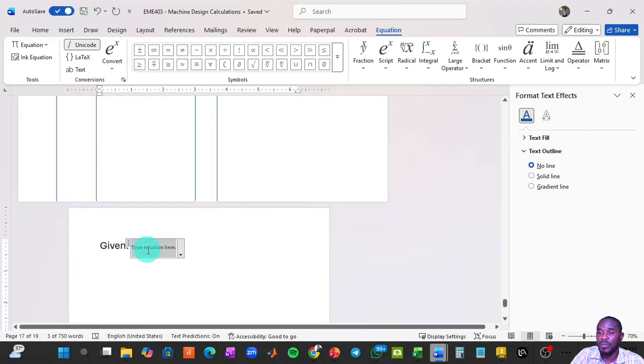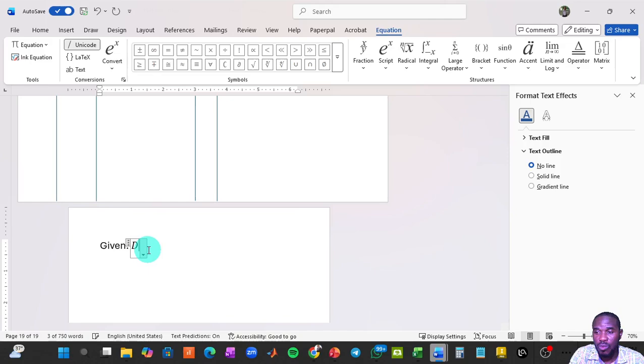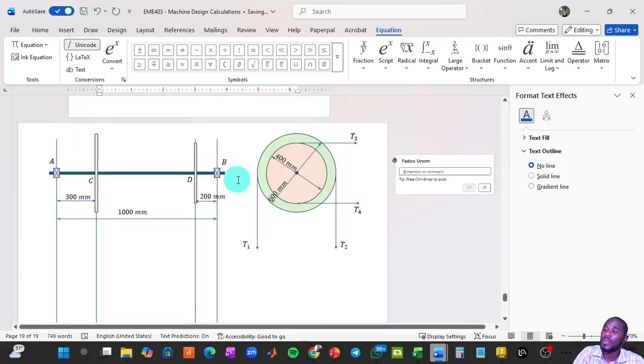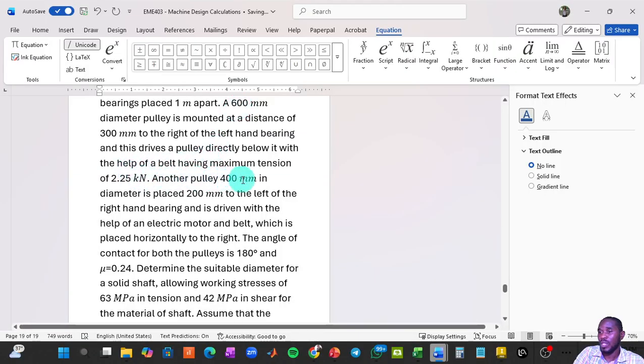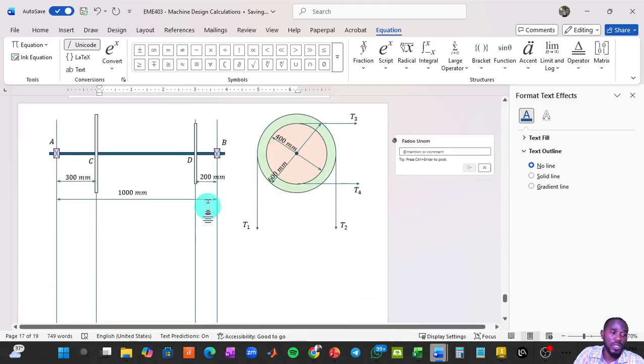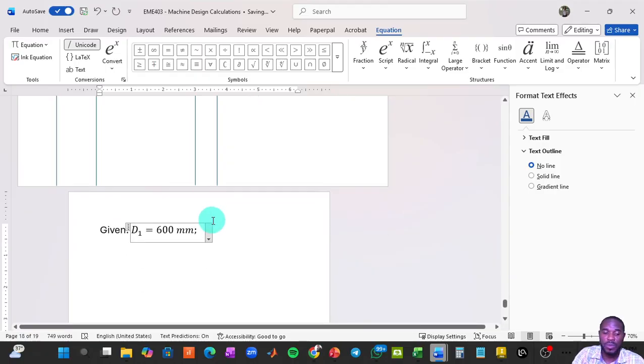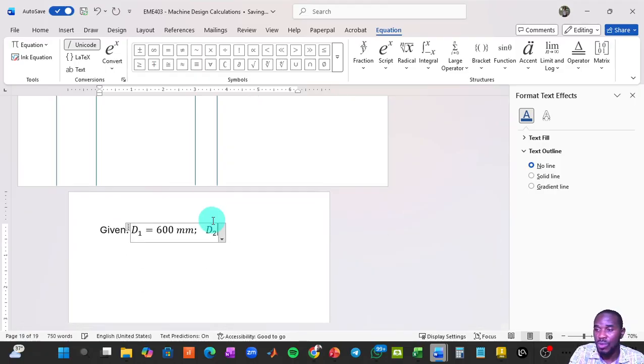So we'll say diameter 1 of the pulley is 600 millimeters. Okay. Diameter 2. Let's take diameter 2 before I come back to tension 1. Diameter 2 is 400 millimeters.